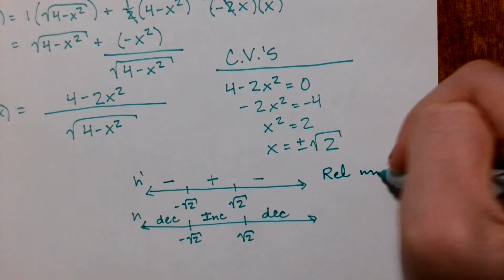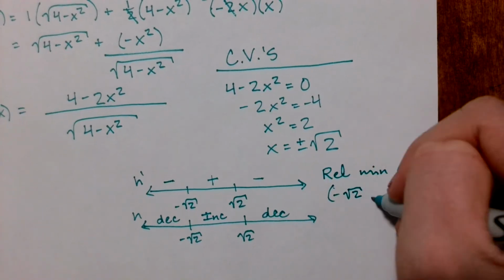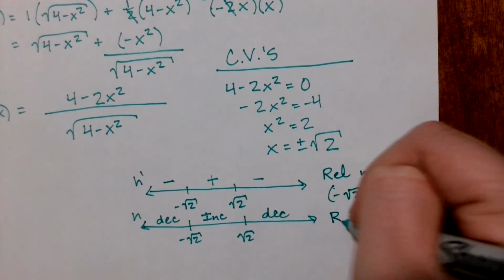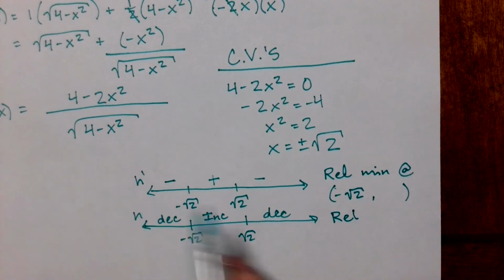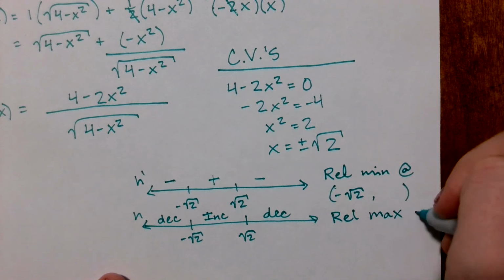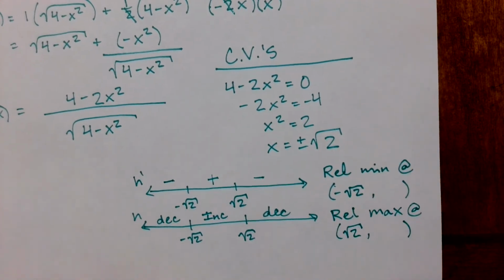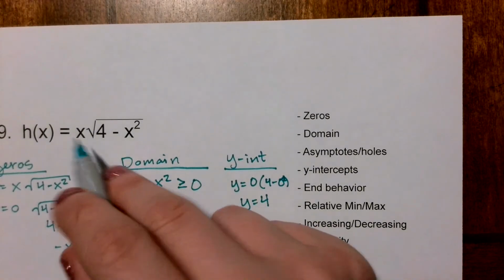I'm going to find the y value, and then because h prime is going from positive to negative, or h is going from increasing to decreasing, we've got a relative max at radical 2 something. So then I'm coming back to my original to plug in my negative radical 2 and my positive radical 2.